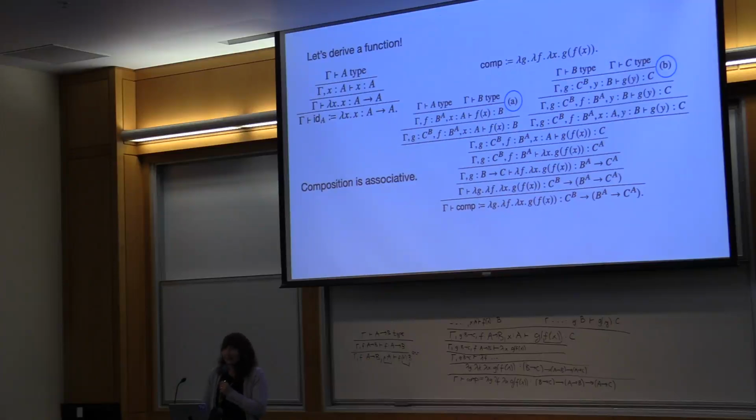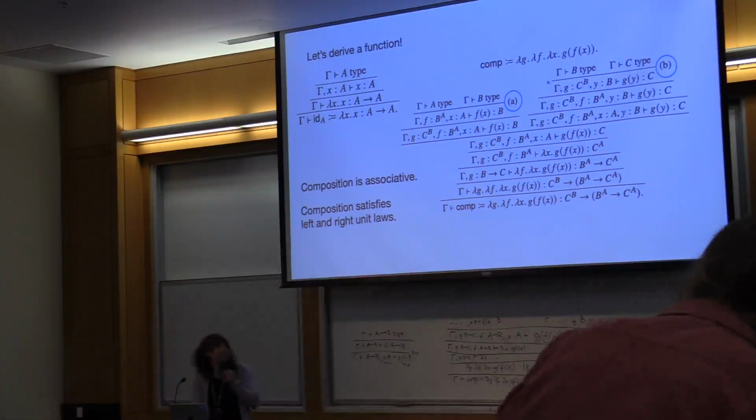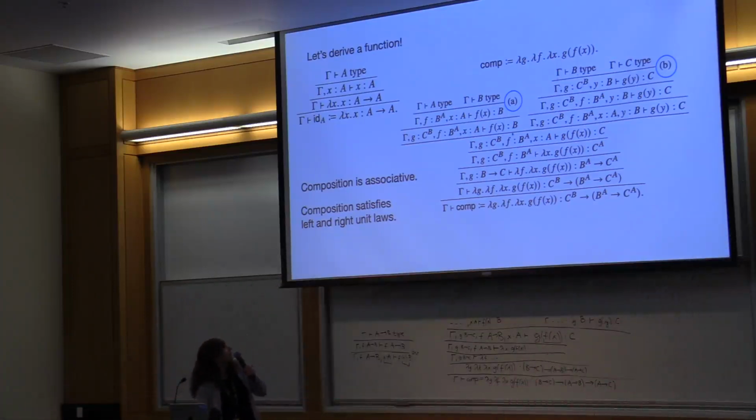Okay. We can derive in a similar fashion two more stuff about the composition. One is that it's associative. The other is that it satisfies the left and right unit laws. So the unit for composition is the identity function we derived right here. And then we can play with this. I don't want to do this by hand because this already didn't go well, right?